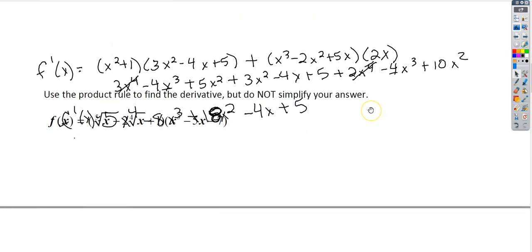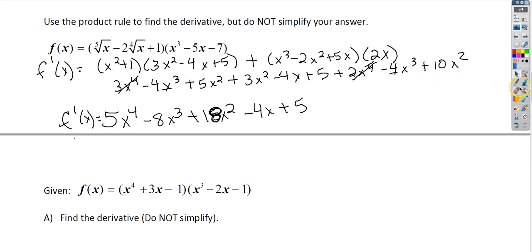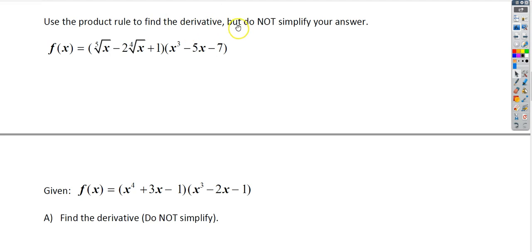And moving along. It says use the product rule to find the derivative, but do not simplify your answer.